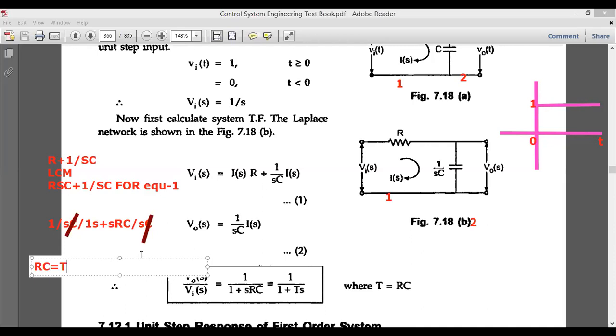After substituting equation number 1 and equation number 2 in this formula of Laplace transform, I get 1 divided by 1 plus S multiplied by RC, or simply 1 divided by 1 plus ST, where in terms of R and C you write it as T. This is how we find the solution for this electrical network.